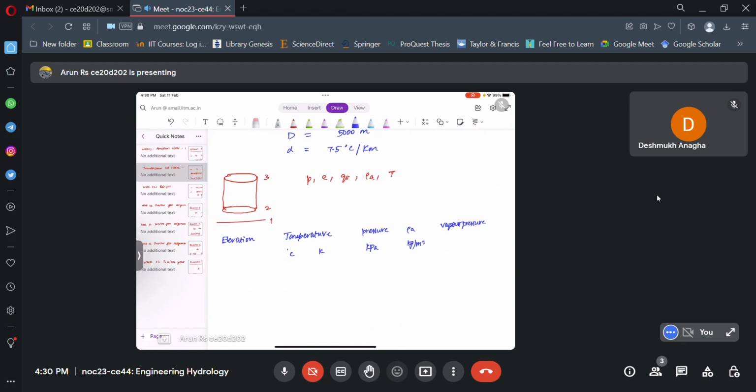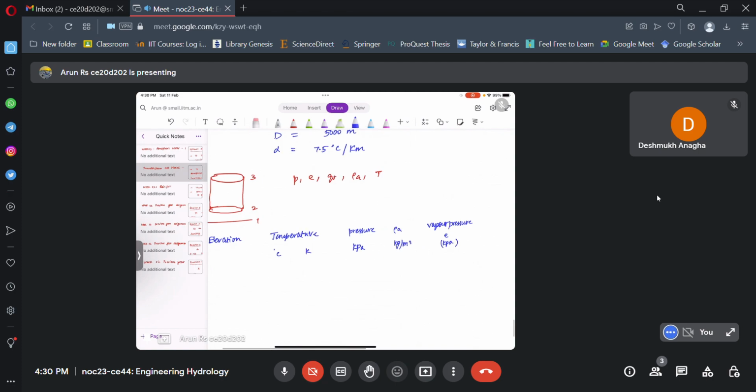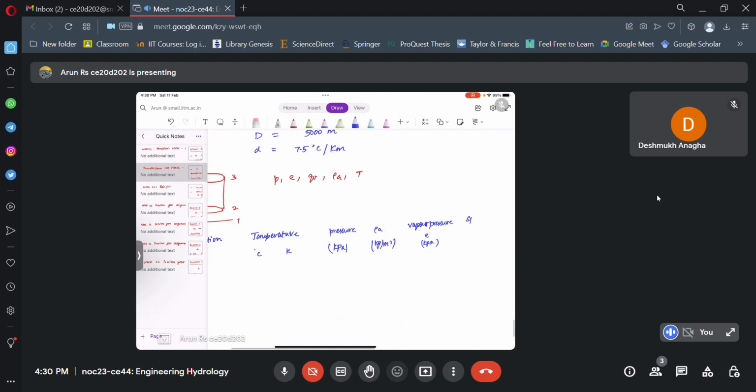Saturation vapor pressure in terms of kilopascals, and we have to determine the specific humidity. And its unit is kg of water per kg of moist air.